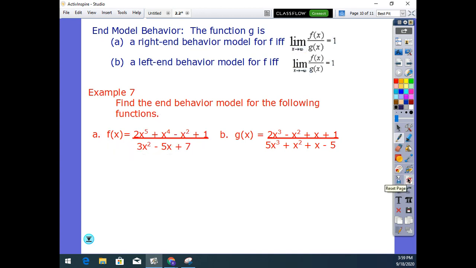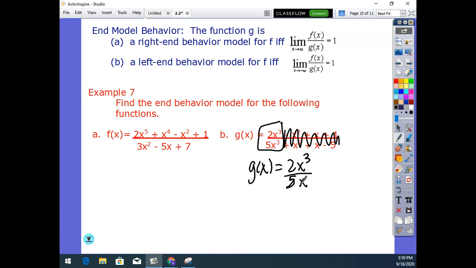All right, g of x, I'm only going to look at the power functions, and if I reduce, you can probably reduce this better. I'm just showing everything. Our x to the thirds completely cancel, and if you were left with a numerical value in your power function, that means there is a horizontal asymptote at y equals 2/5.